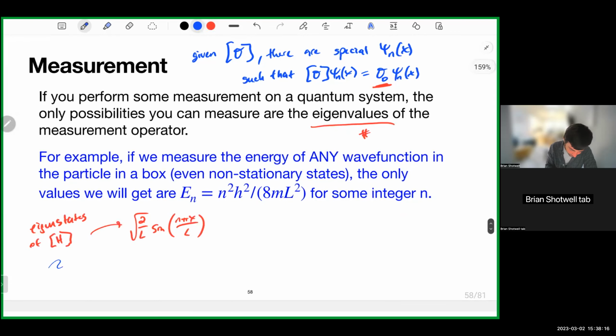And the eigenvalues of this operator are the energies, right? So if you applied the Hamiltonian operator to psi n of x, equal to this function, then the value you get is n squared pi squared h bar squared over 2m L squared.